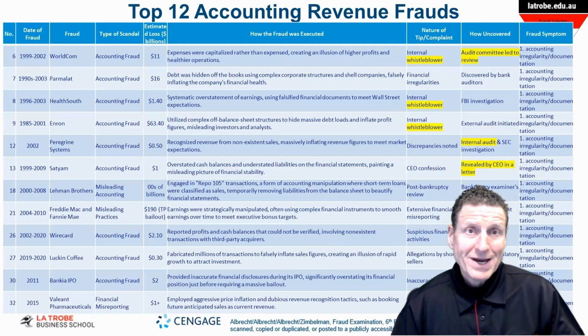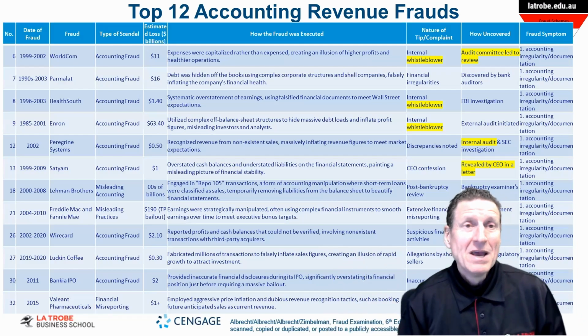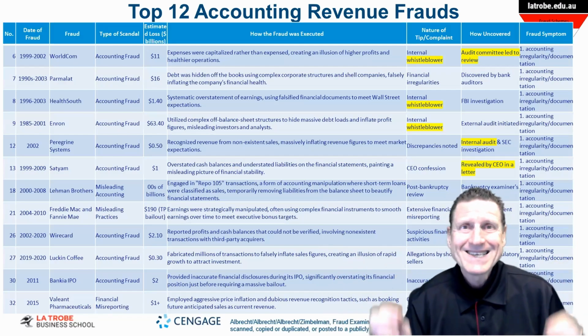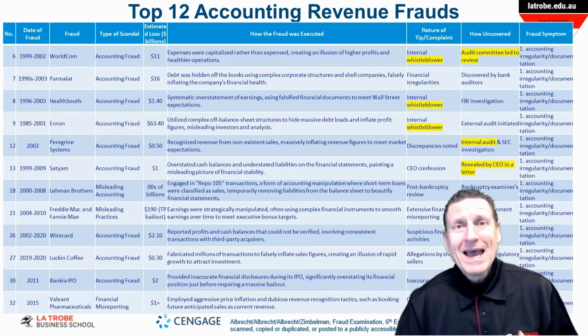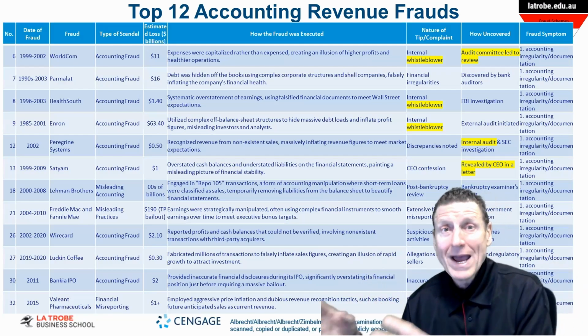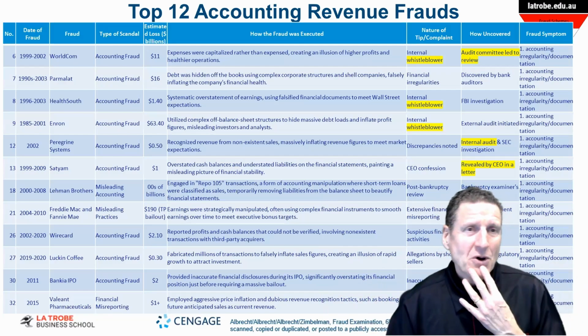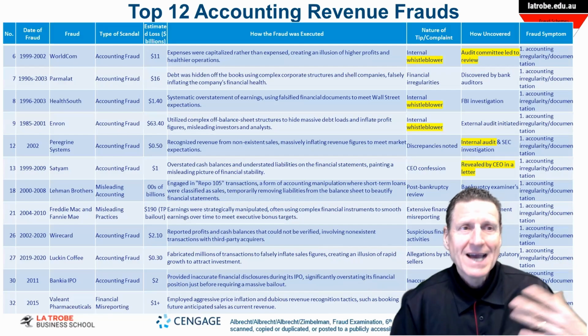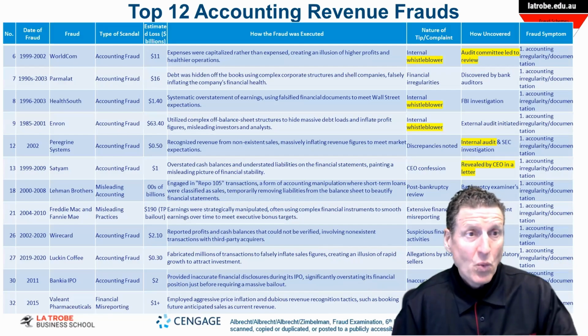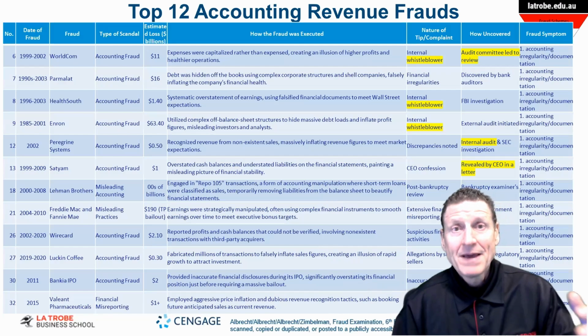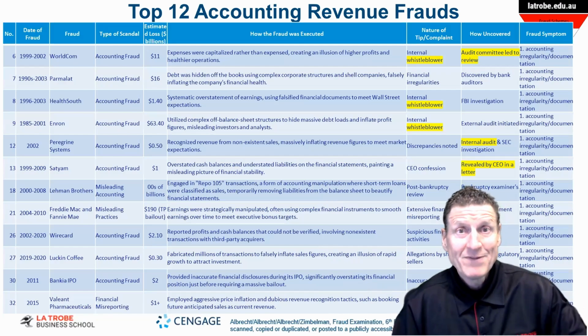So I would like to help you pick out some of maybe the top 12 accounting revenue frauds. And as I kept on looking for more and more, I found I need to update this again. And I think there's 1, 2, or 3 that are missing from that list that are in that first 25 list that I gave you at the beginning of this part.